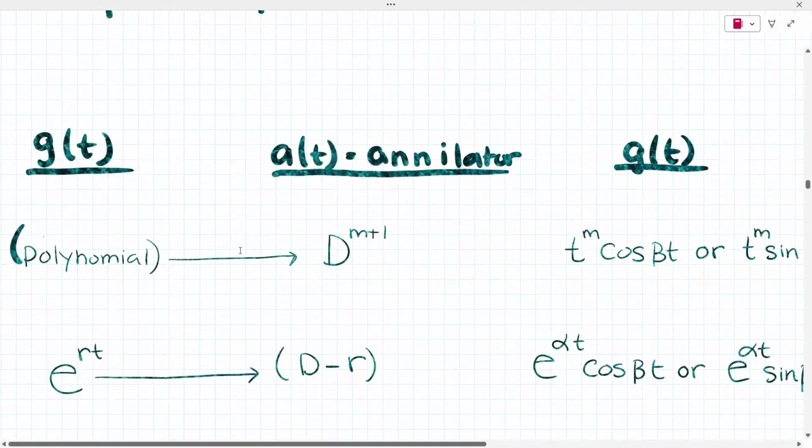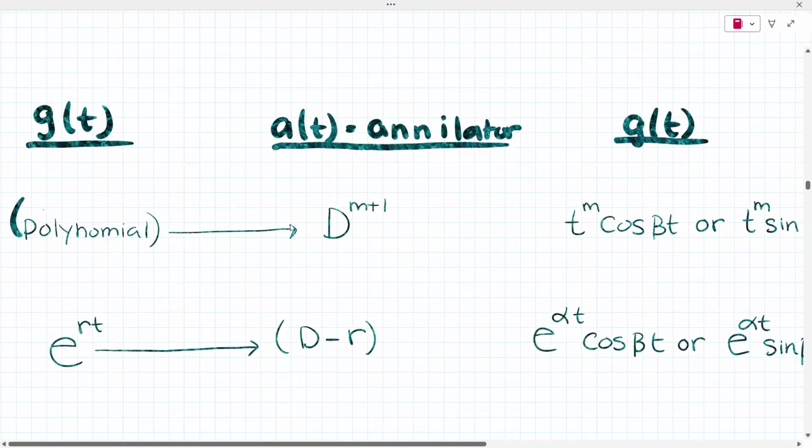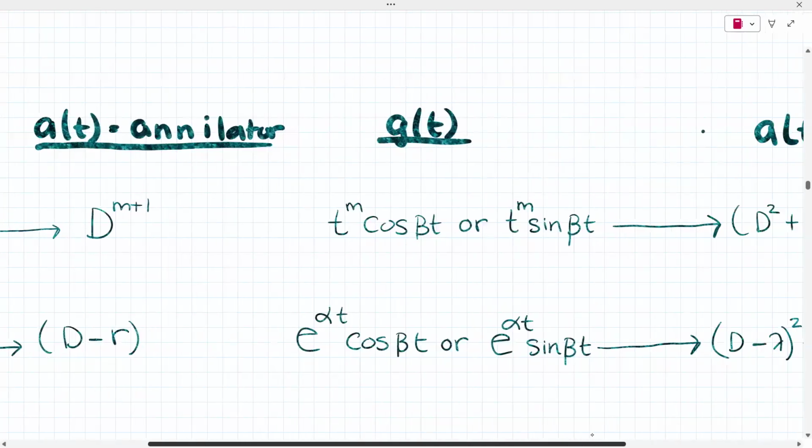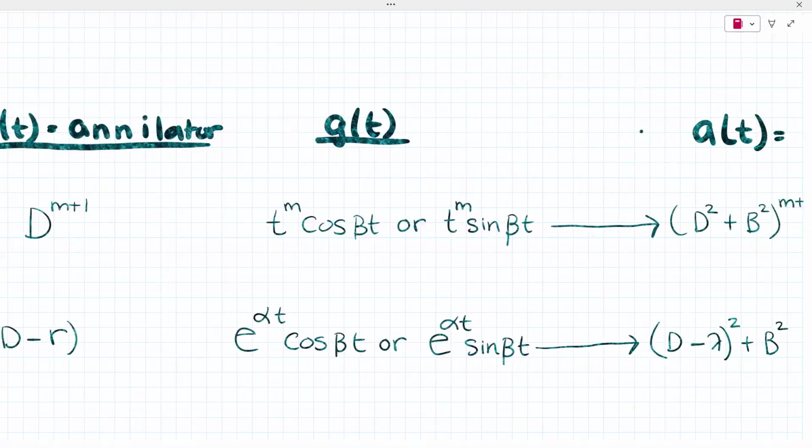So here's a little bit of review. If you have a polynomial, your annihilator would be D raised to the m plus 1. If you have a cosine or a sine, it's going to be (D squared plus beta squared) raised to the m plus 1.